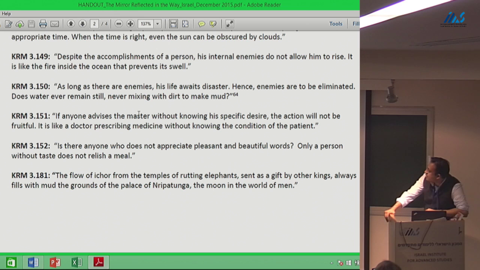This is where he also draws in a similar kind of thing with the Nripatunga, and you get this very fascinating image: the flow of ichor from the temples of running elephants, sent as a gift by other kings, always fills with mud the grounds of the palace of Nripatunga, the moon in the world of men.